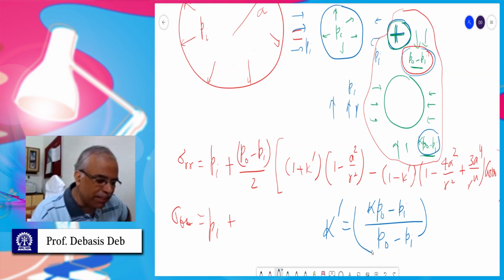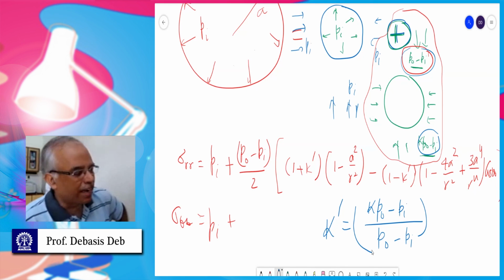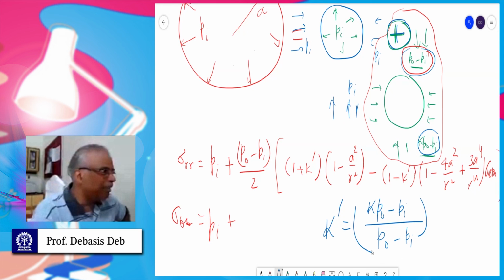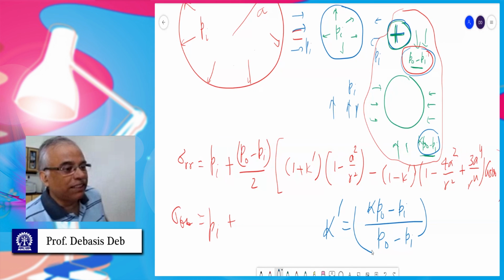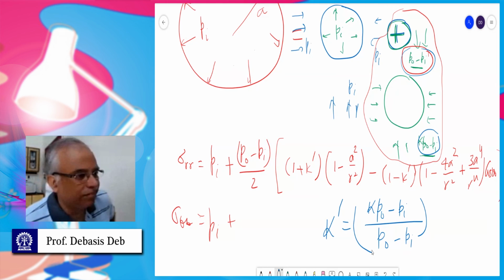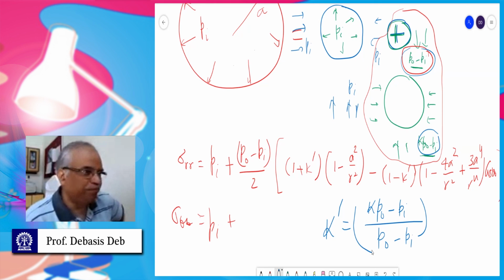Okay, and this is mathematically also proved and given, I think, given in the book also, and in some appendix we have added this. So the only thing here, K dash will become K P naught minus Pi by P naught minus Pi. Okay. Now, very interestingly, you will see if K equals 1, then K dash and K are the same. Okay, it doesn't matter.